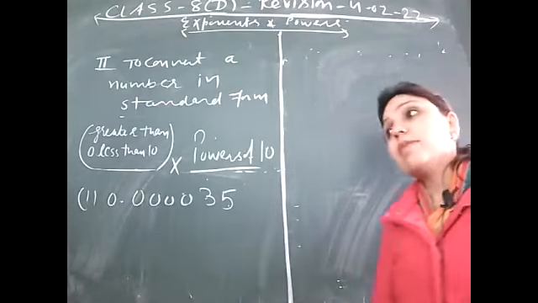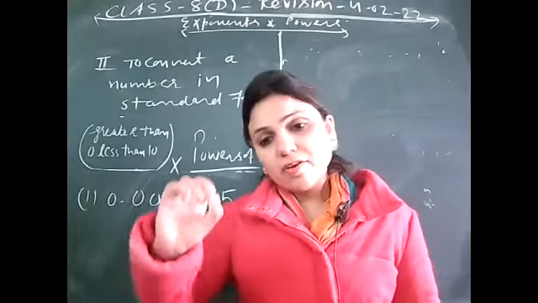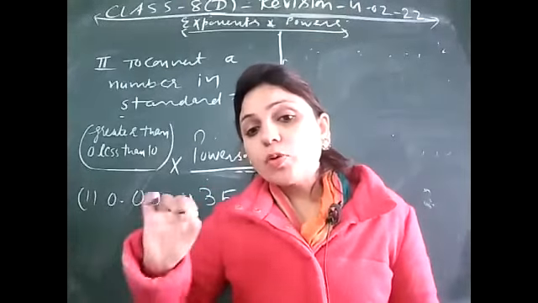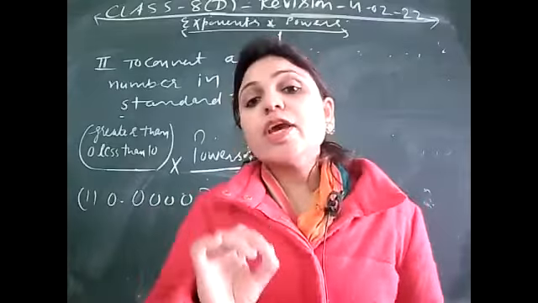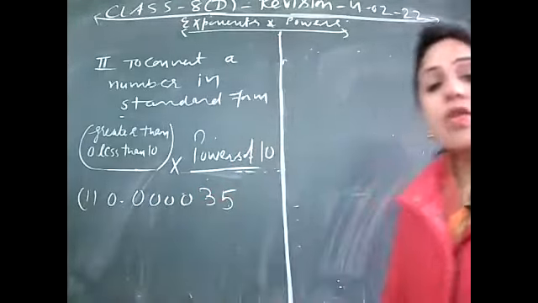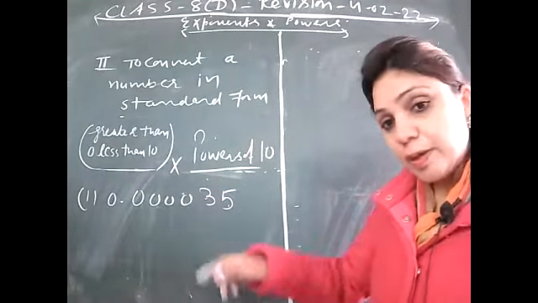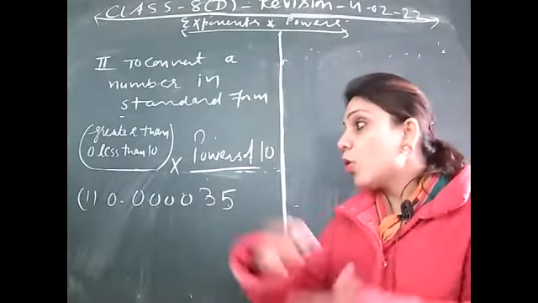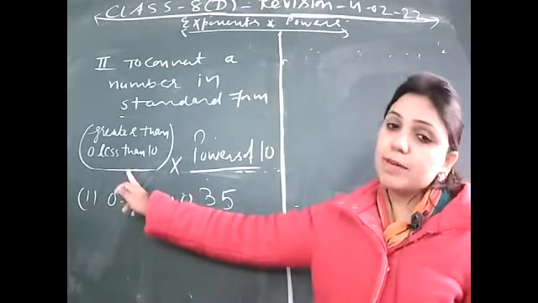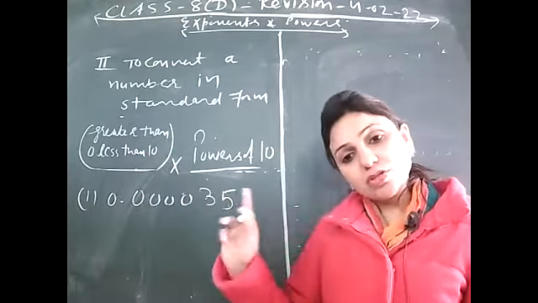For example, the masses of Earth, Sun and Moon are very big numbers, so to read them in a better way, we can use the standard form. So how to convert a number in the standard form? This number is to be broken in two parts, in which one number should be greater than 0 and less than 10, and another number should be a power of 10.